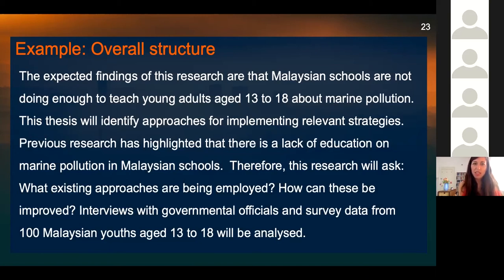So basically, you wouldn't start with the first sentence or the second sentence there. You'd start where previous research is highlighted. So the third sentence would really be at the start of this abstract, then the research questions, then the description of methods, which is the last sentence on this slide, before going to the expected findings, which is at the very start of this abstract.